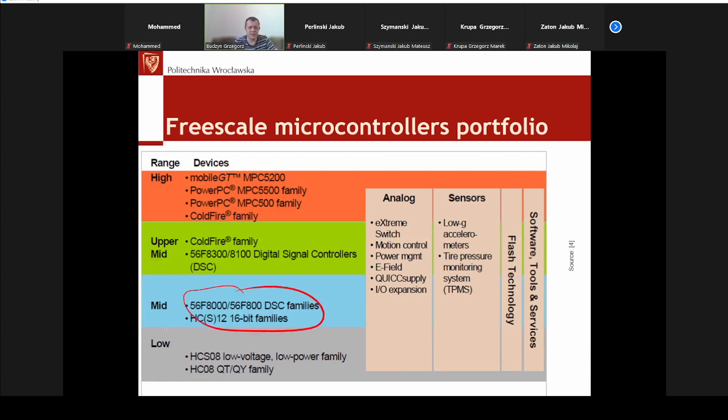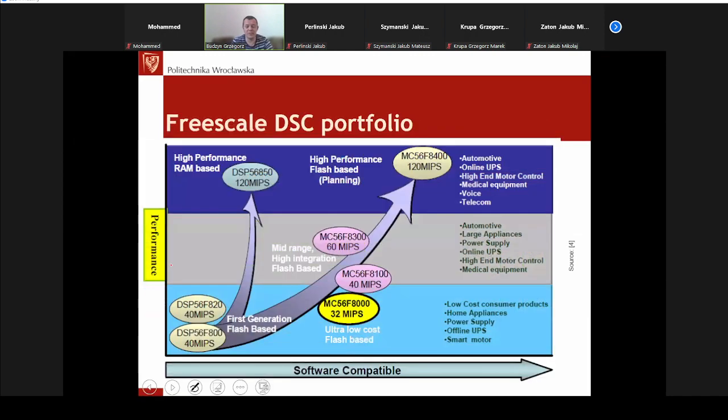So this was this family, 56F8 and then a few digits, in the upper mid and mid scale. So digital signal controllers, again supporting the multiply-accumulate constructions, but these families, compared to what we can expect today, are not really extremely fast.